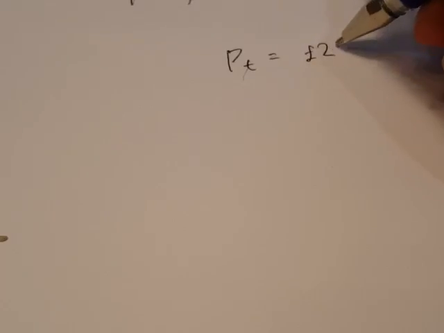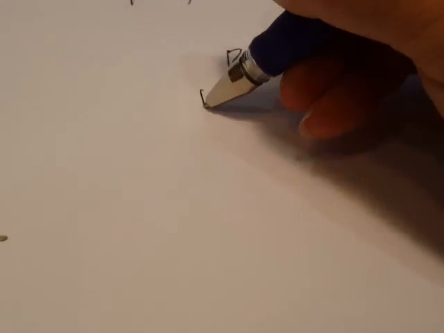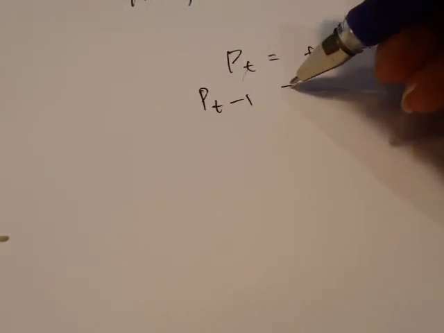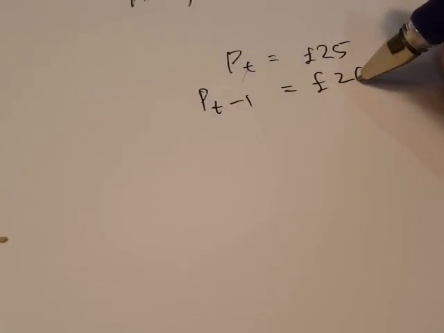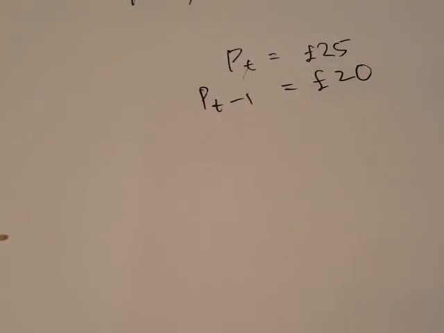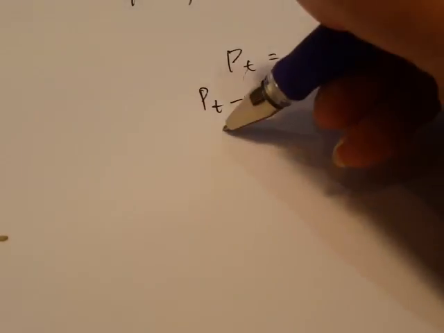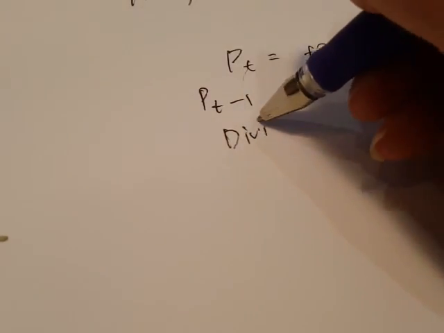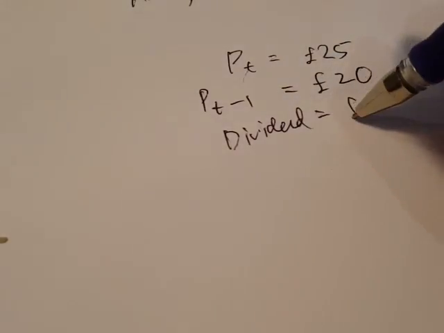So the latest price at the end of the year is 25, and at the beginning of the year the last price was 20, and in this example you were given a dividend, and they say the dividend is about £2.